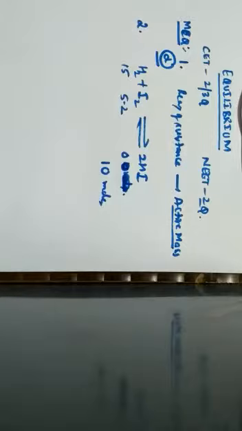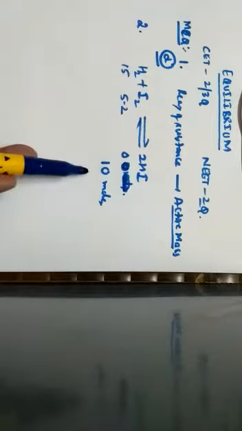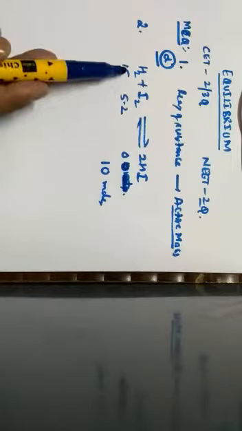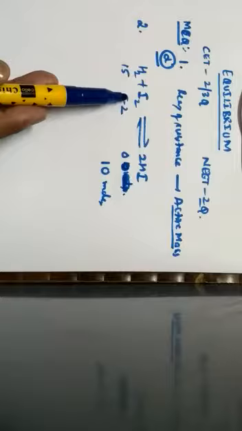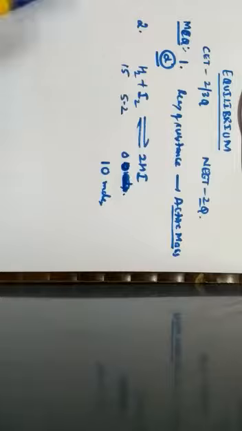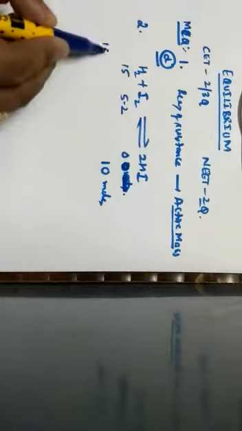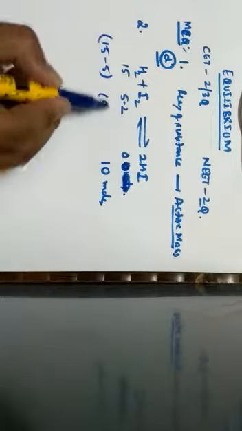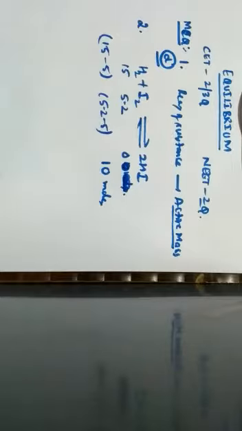It is 10 moles. So this 10 moles of HI will be formed when 5 moles of hydrogen and 5 moles of iodine are involved in the chemical reaction. Now according to the given moles, I write it as 15 minus 5 moles and 5.2 minus 5 moles.